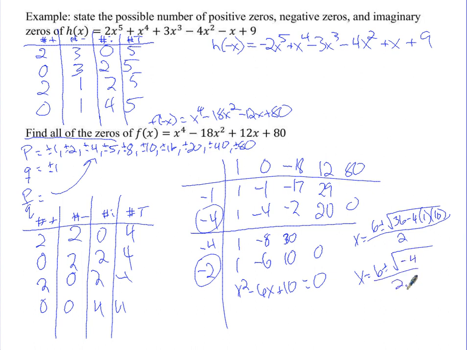Divided by 2, which simplifies. X equals 6 plus or minus what? Well, the square root of 4 is 2, so it's 2i over 2. Does that reduce? Yes. X equals 3.